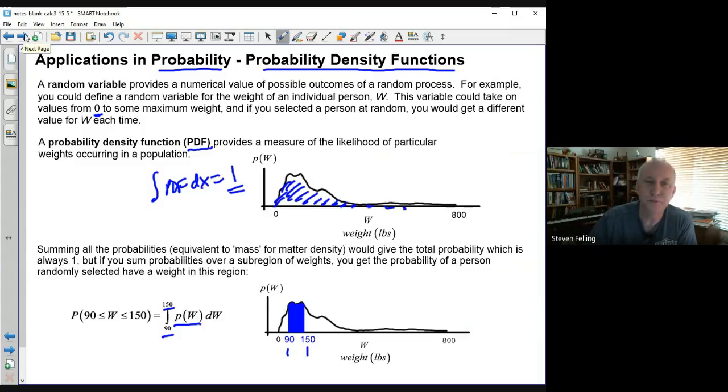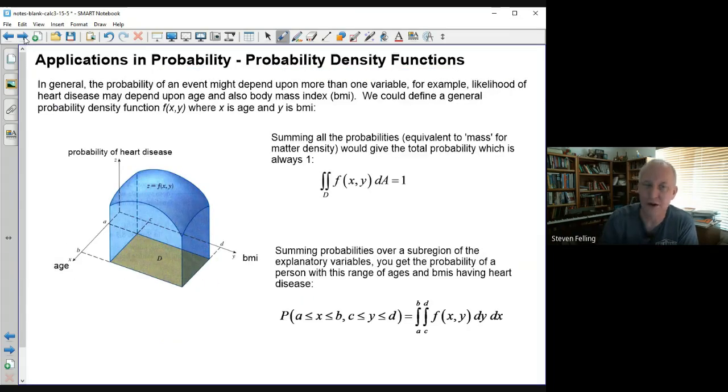Okay. So the thing we're going to talk about here is that this probability density function is a function of just one thing, like the weight. What's the likelihood of a particular weight happening? But let's say I was investigating something like heart disease, and I thought heart disease depends upon two things, age, but also body mass index, right?